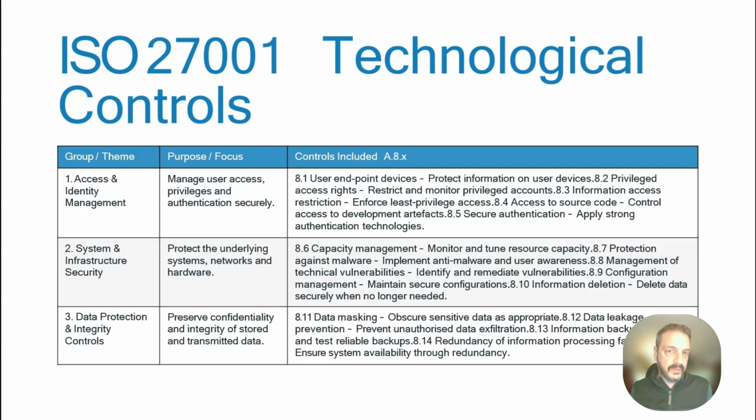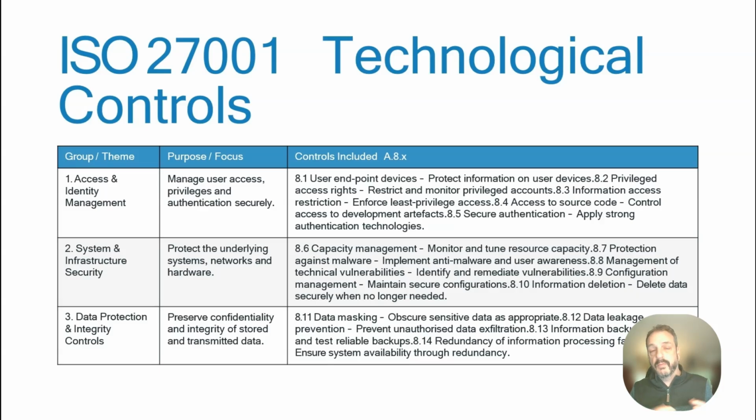You've got privileged access rights, how you manage those. Access to source code is restricted through things like GitHub and stuff like that. And then you've got secure authentication methods, making sure you're using MFA and things that can support secure access and identity.